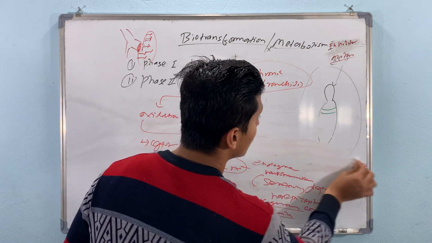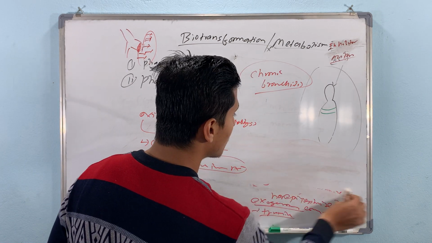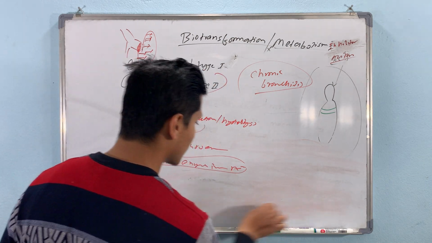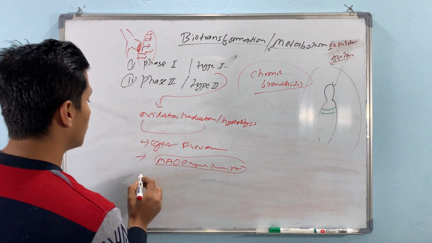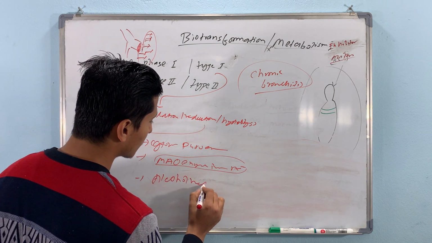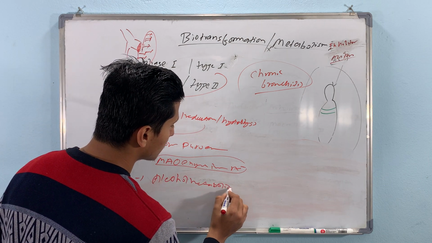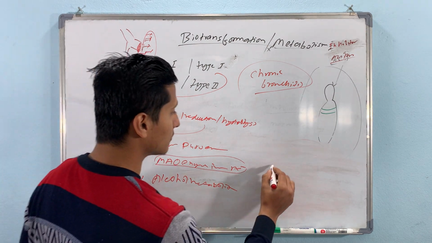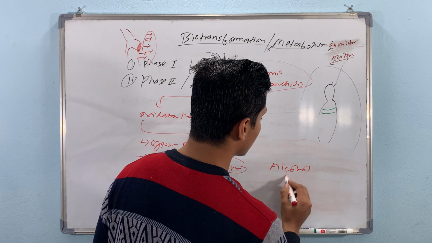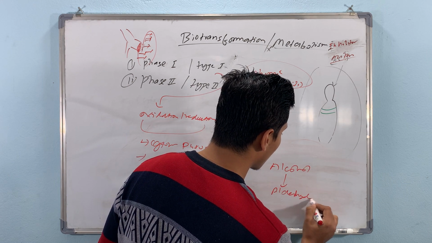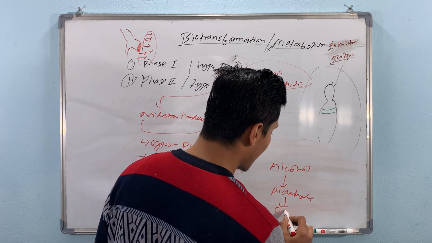Now, let's talk about the next oxidation and reduction reaction that comes in the phase 1 or type 1 reaction, and that's alcohol metabolism. What happens in alcohol metabolism? The alcohol gets converted into the aldehyde, and the aldehyde gets converted into the acid, right?